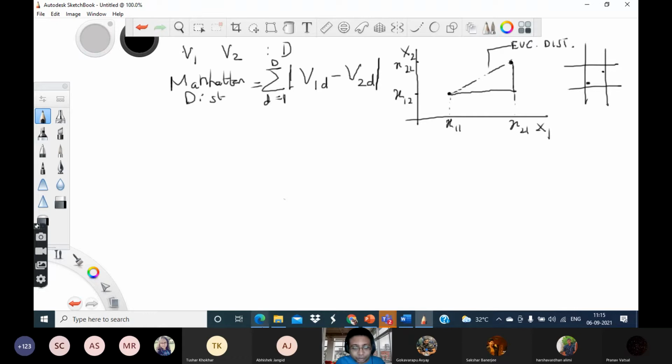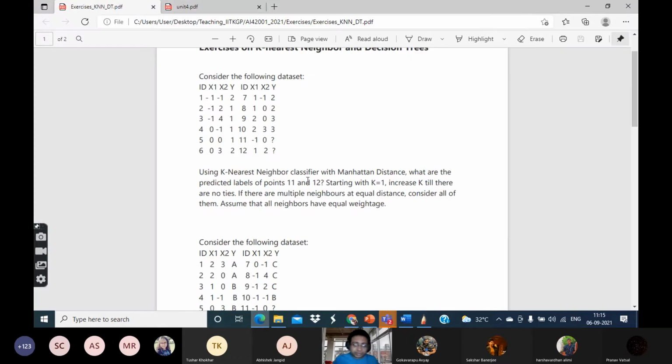Okay, now let us come to the problem which is discussed here. Someone was volunteering to solve this problem, so tell us. Sir, what I did was I found out the distance of both the points 11 and 12 with respect to each of the points with ID 1 to 10, and then arranged them in ascending order.